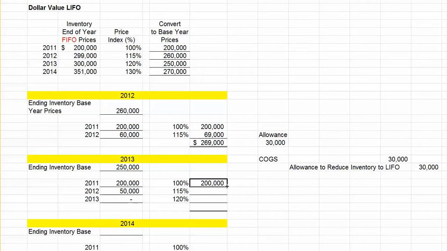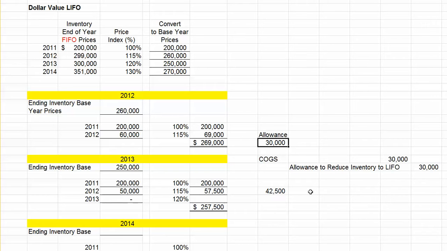The $50,000 when we purchased in 2012 would have cost us $57,500. So our ending inventory is $257,500. Which means we need an allowance of, let's take the difference between our current inventory on a FIFO basis, $300,000, minus $257,500, we need an allowance of $42,500.